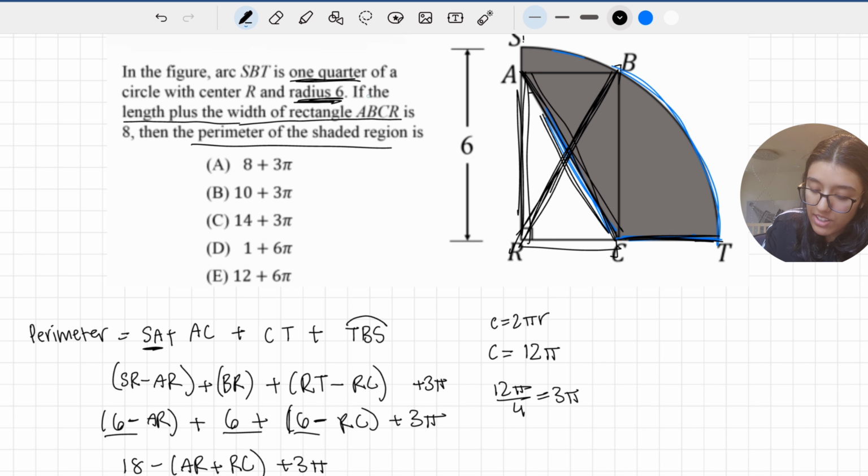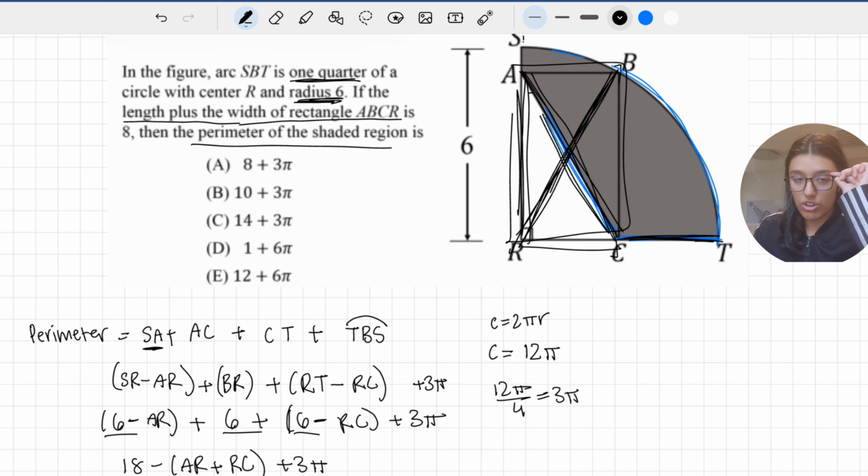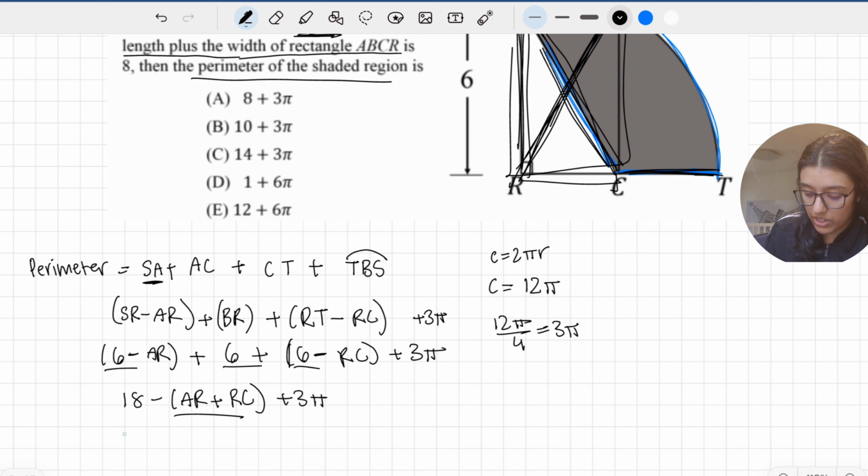It says the length plus the width of rectangle ABCR is 8. So that's basically saying AR plus RC is 8. Length plus width is equal to 8. So therefore, we could just replace it: 18 minus 8 plus 3 pi. Simplifying this, we are left with 10 plus 3 pi.